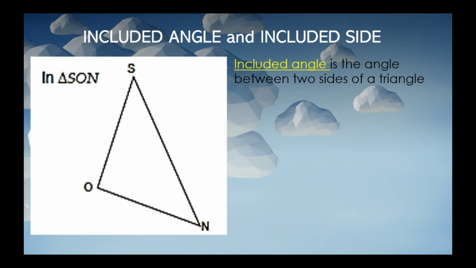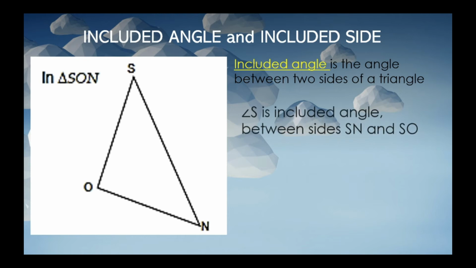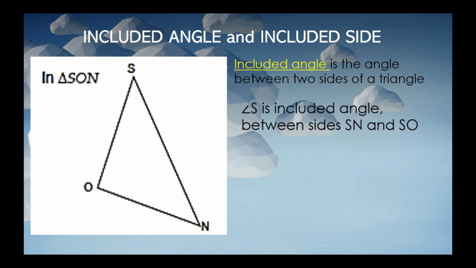Okay, let us have an example. Angle S is included angle between sides SN and SO. Hanapin natin, alin ba yung mga sides na yon? Etong yellow na line na yan, ito yung side SN, at ito naman yung side SO. So, ano yung angle na nasa pagitan ni side SO at side SN?